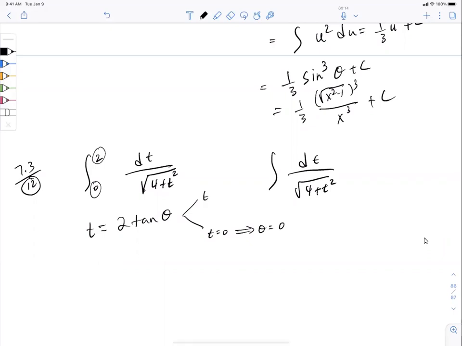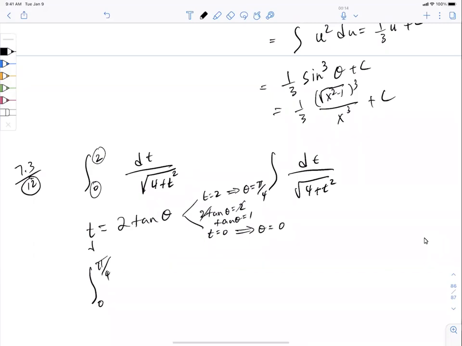When t is 2, 2 tangent theta is equal to 2, which means tangent theta is 1, and inverse tangent of 1 is pi over 4. So I go from 0 to pi over 4.